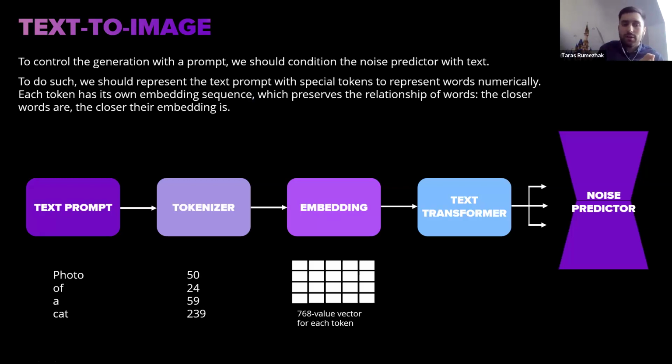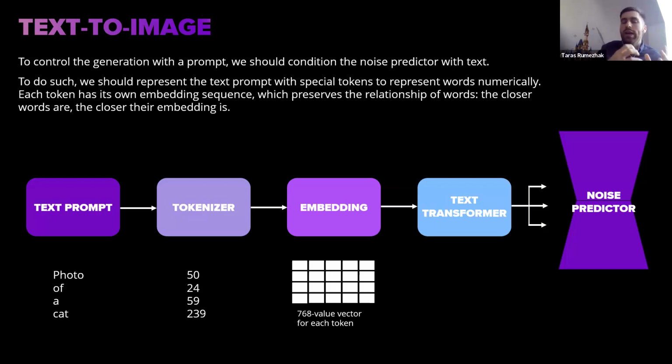We start with a text prompt, for example, a photo of a cat. After that, there is a tokenizer. The tokenizer is needed to transform the words from human language into some computer-readable format. For example, we have tokens that are just numbers, like 50, 24, something like this.